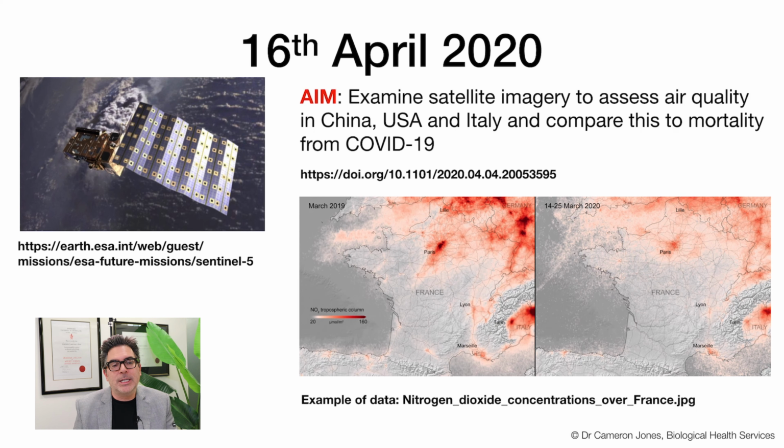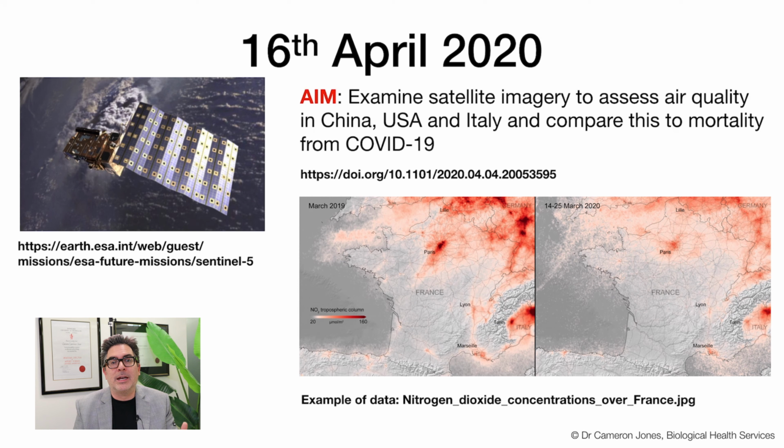I've shown the satellite to give you an idea of the type of research undertaken, and pulled satellite imagery from another publication showing two maps of France, showing the amount of nitrogen dioxide, because that is now how they are measuring particulate matter. This is an index or a marker, like a biomarker or chemical marker for this particular particulate matter index.